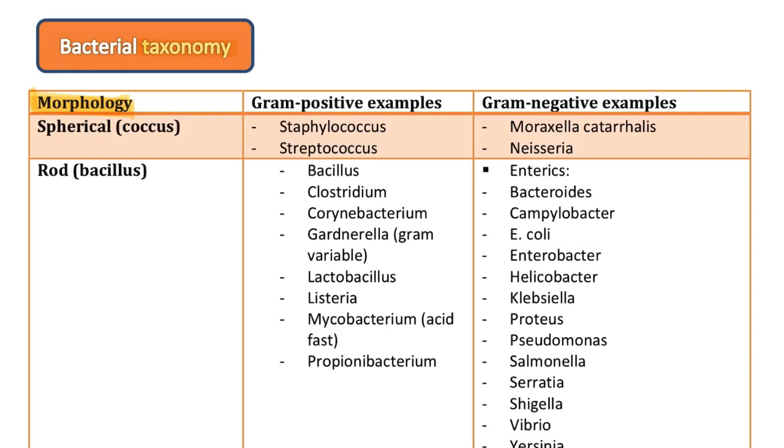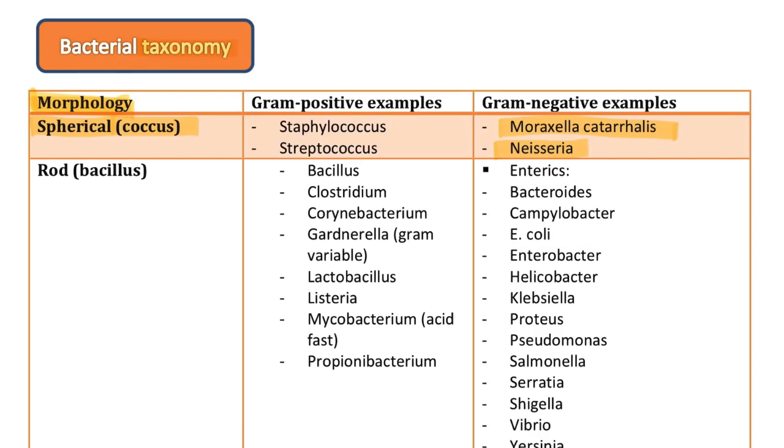So individually we are going to discuss gram positive and gram negative based on morphological structure. First one, morphology means shape and gram stain. First of all we are going to see the spherical shape, meaning cocci. In cocci, for example, we can see Staphylococcus and Streptococcus. In gram negative we can see Moraxella catarrhalis and Neisseria.